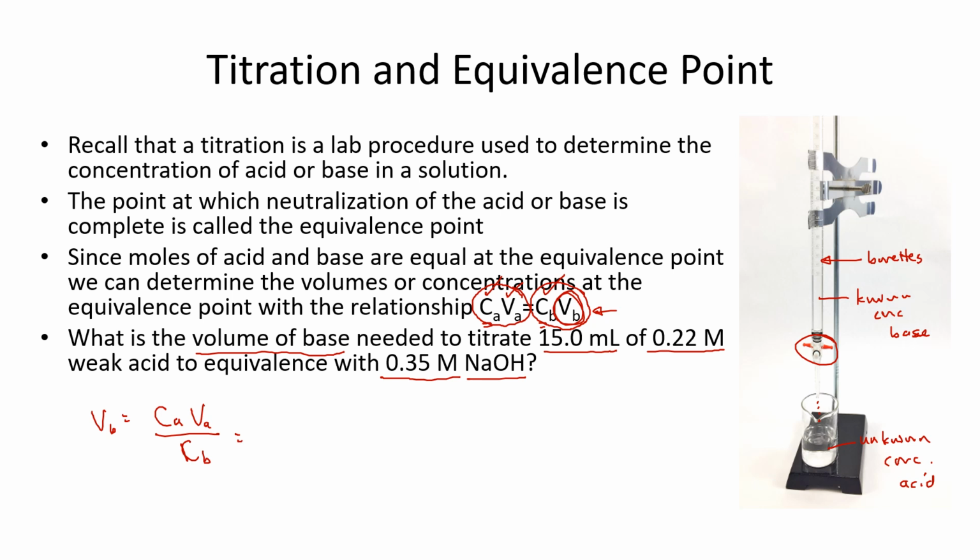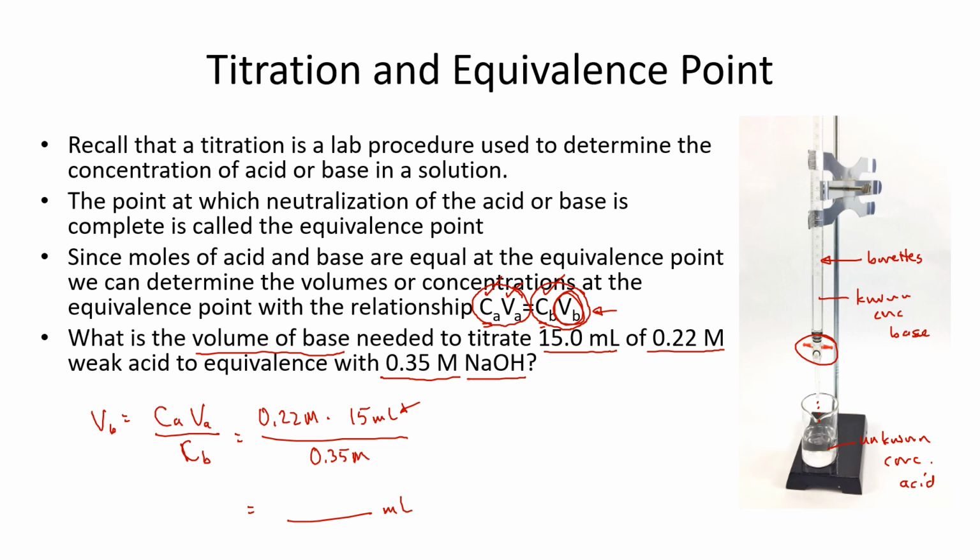So let's stick that in here, and we will be able to work out that the concentration of the acid is 0.22 moles per liter. The volume of the acid is 15 milliliters. And we're going to divide that by the 0.35 moles per liter for the base. Now I could convert this into liters if you want, but since it's just a ratio, we'll just keep the same units. And whatever answer we get here will be in milliliters as well.